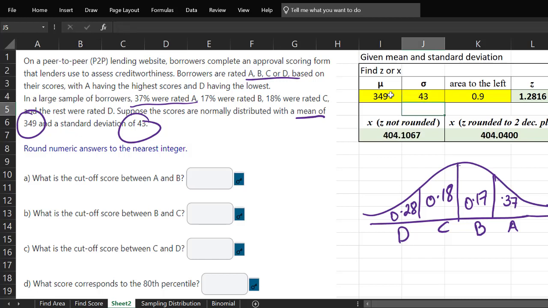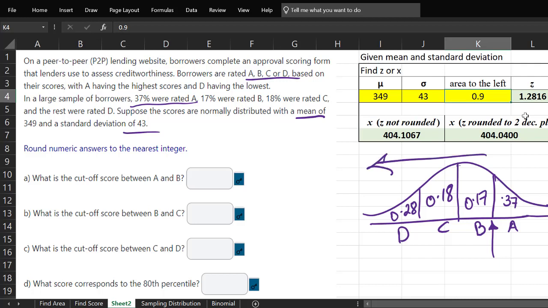So in the first question, we're looking for the cutoff between A and B. So we're looking for the value that will lie at this point. One thing we know is that at this point we either have 37% of the values above this point, or 1 minus 37%. So 1 minus 0.37 gives us 0.63.